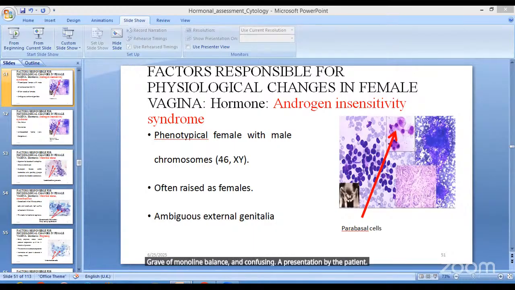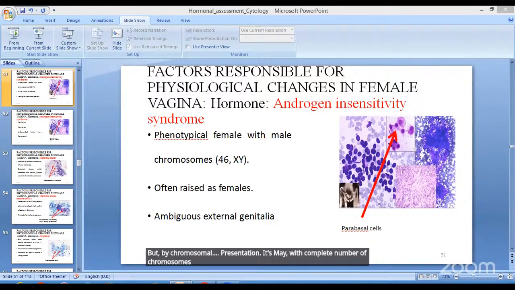Phenotypically, the patient is female, but the chromosomes point to male, XY. Female phenotypically, but by chromosomal presentation male, with a complete number of chromosomes.